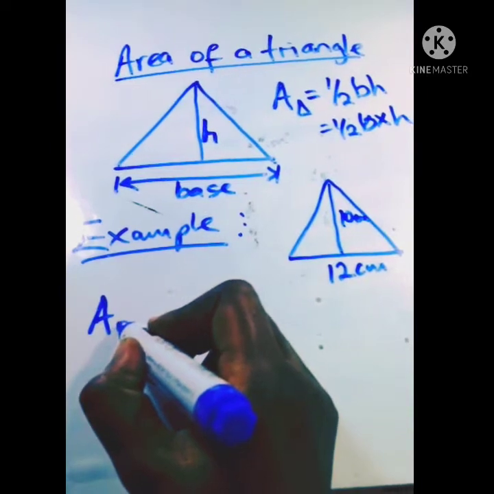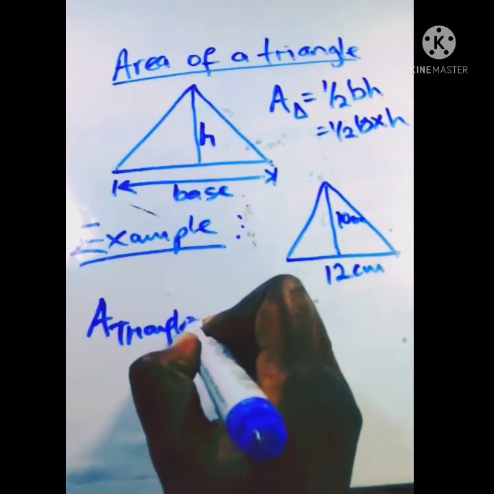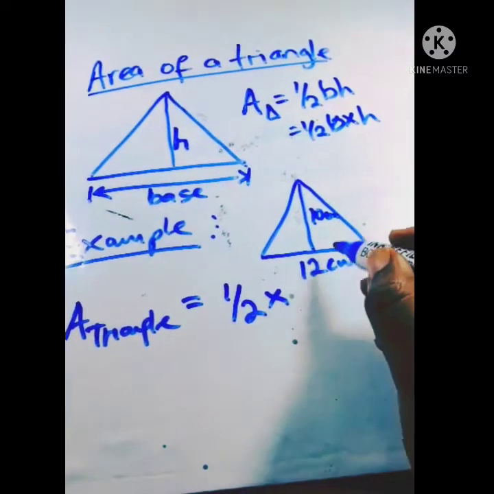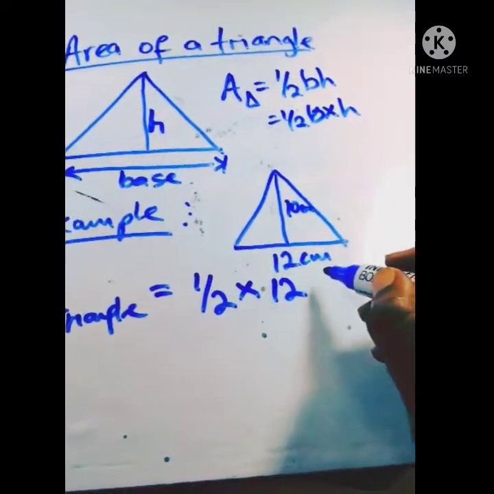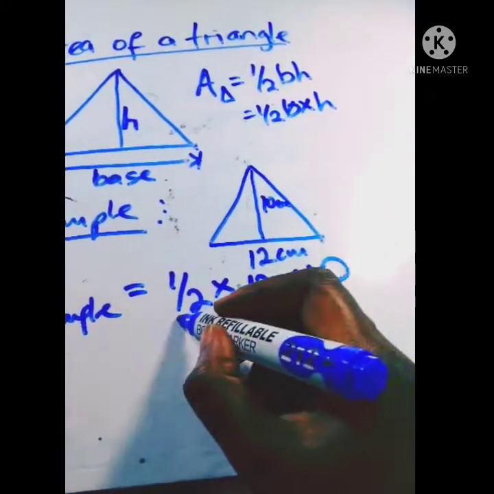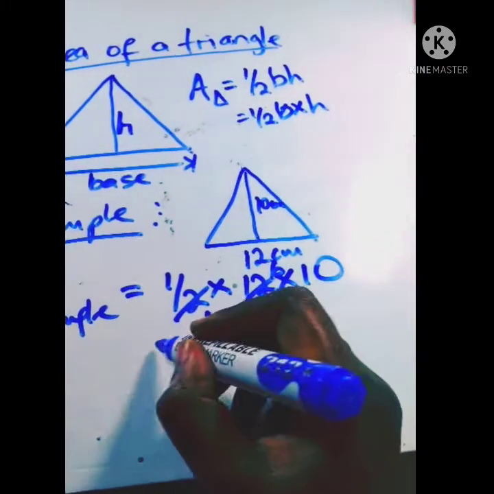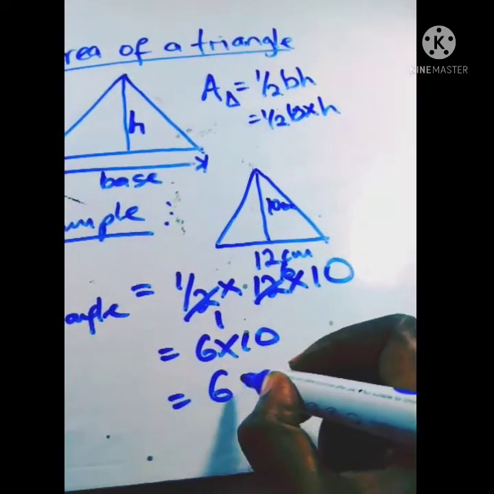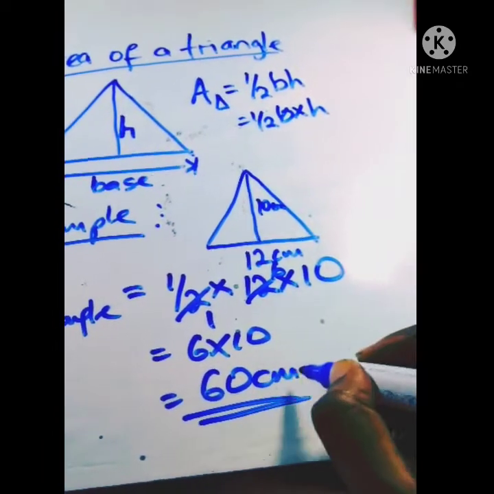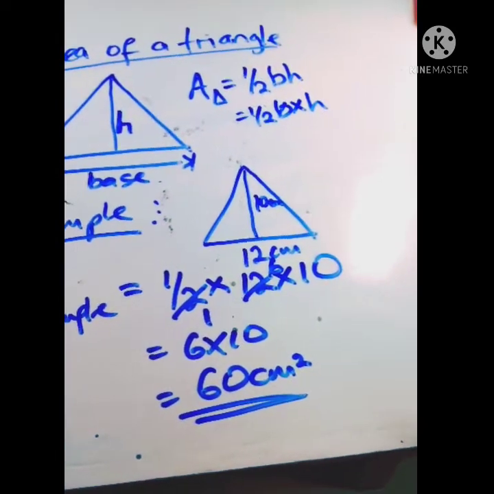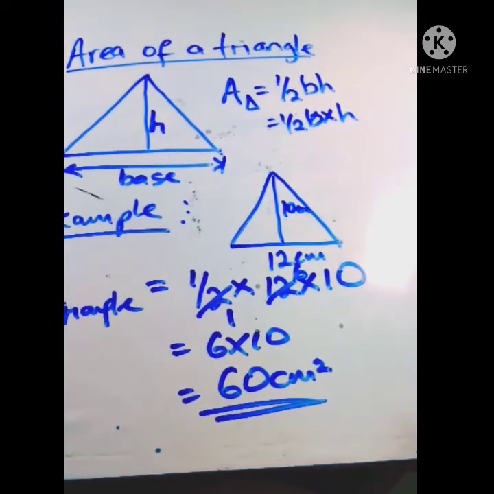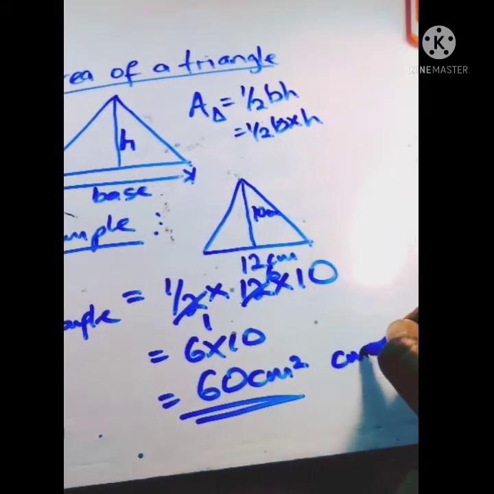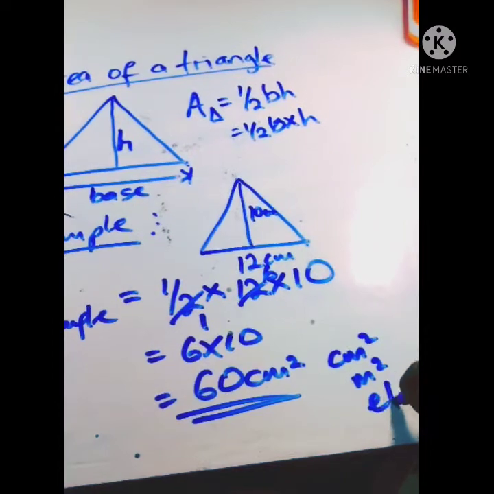We say the area of a triangle is equal to half times the base, which is 12, times the height. 2 goes into 12 six times, leaving us with 6 times 10, giving us a final answer of 60 centimeter square. The unit of area for shapes is what? Centimeter square, meter square, etc.